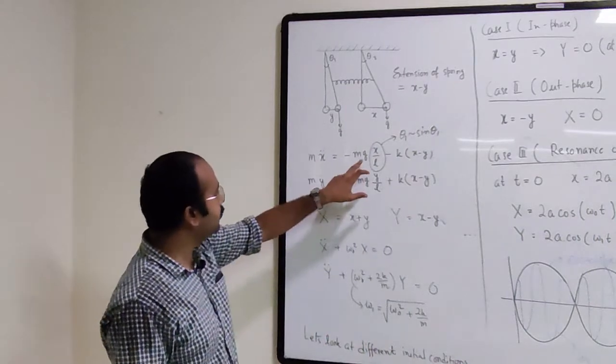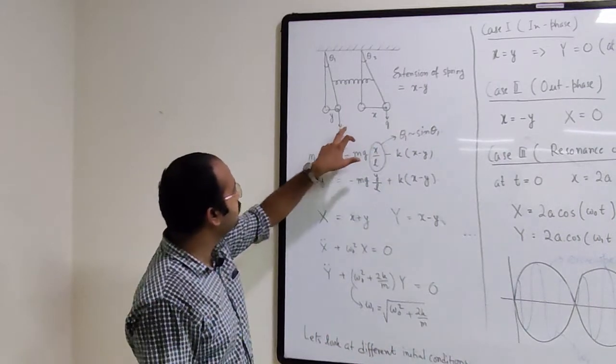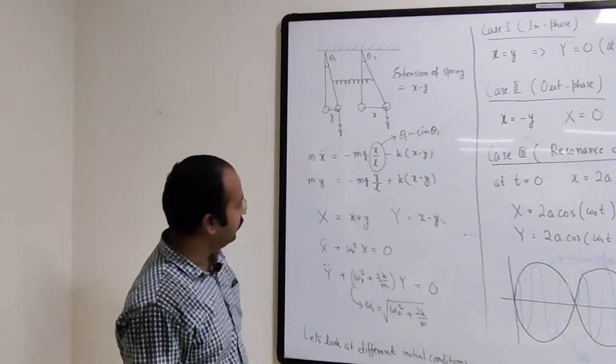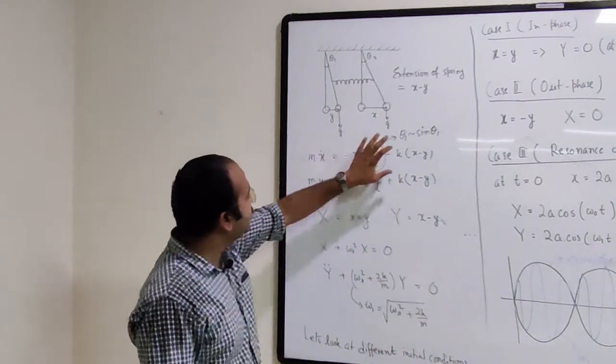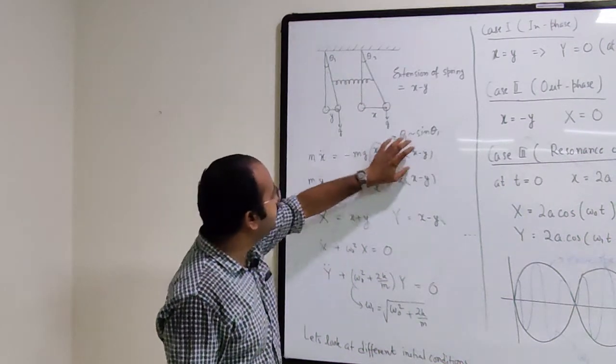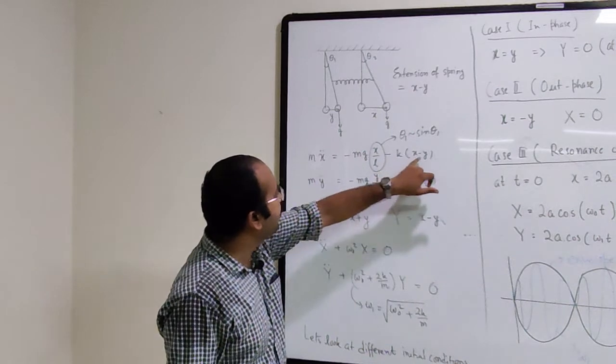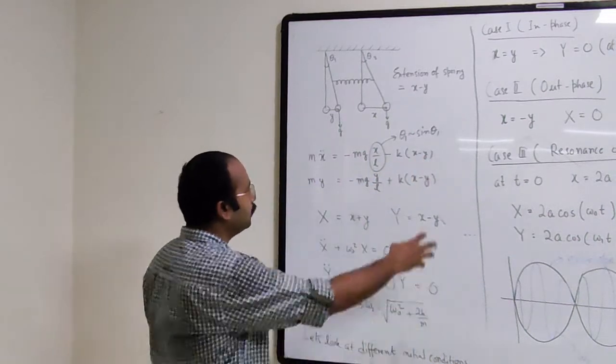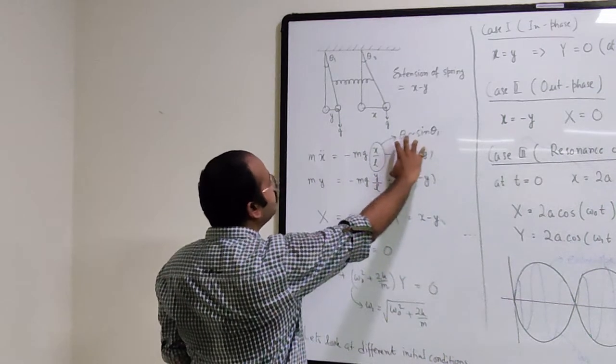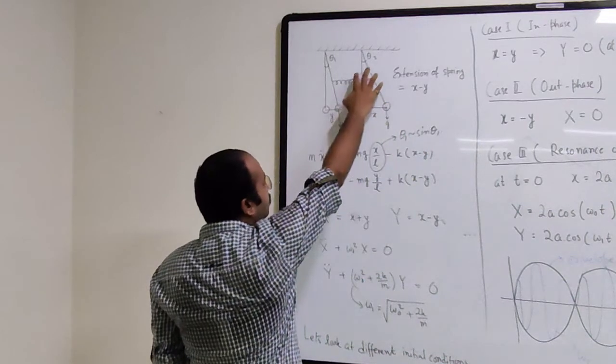So this is just the g sine theta component of gravity. And then on top of that, there is this force minus k (x minus y), which is acting as a restoring force on this x1.